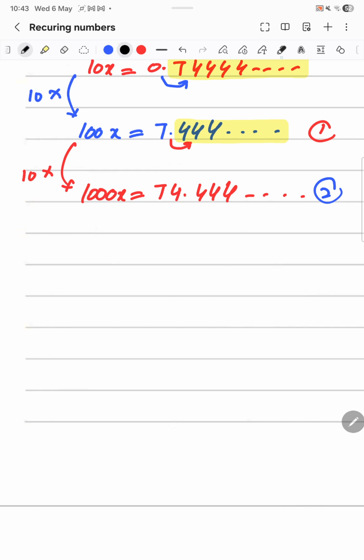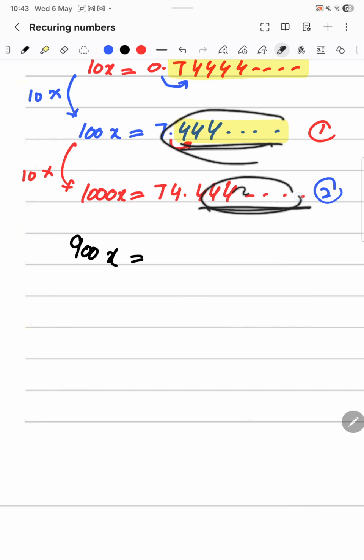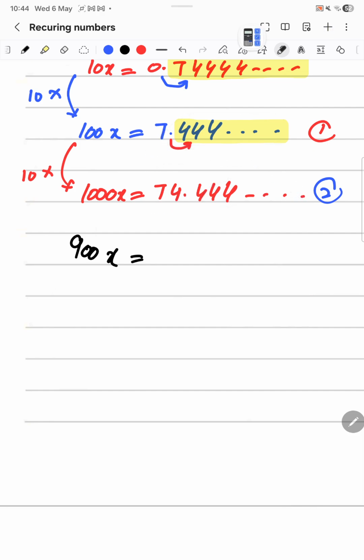So 1000x take away 100x is 900x, and 74 take away 7, you can see the decimal part is eliminated, and you're left with 67. If you divide by 900 on both sides, you will get x equals 67 over 900.